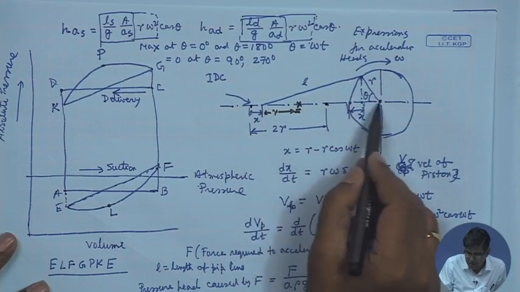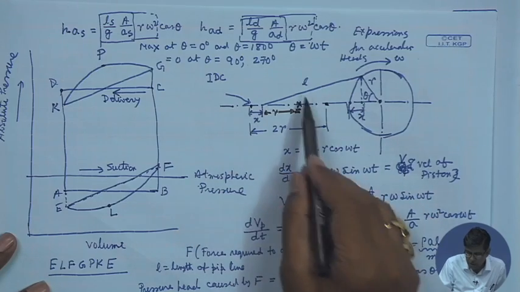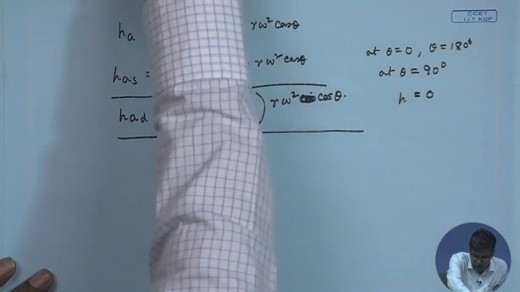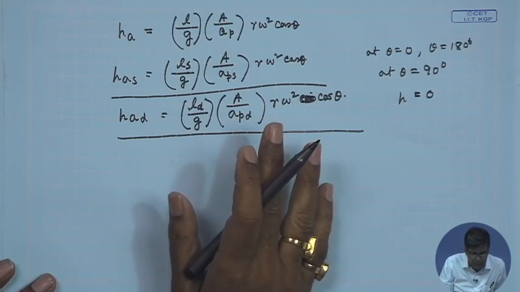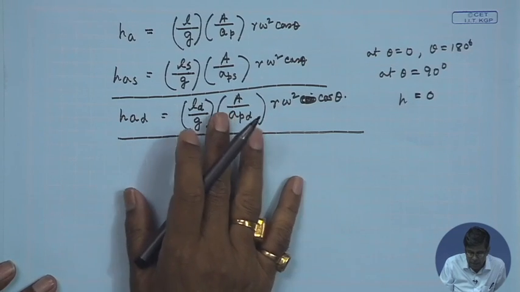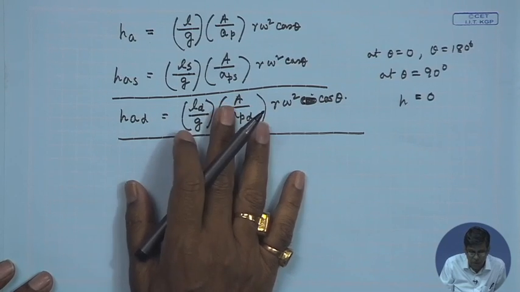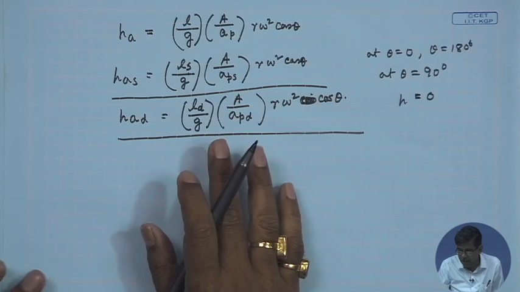This is in consideration of the simple harmonic motion of the piston for a high ratio of L by R. Therefore, we have an idea of how the acceleration head is generated and how it acts in the cylinder to cause a change in the head in both suction and delivery stroke.